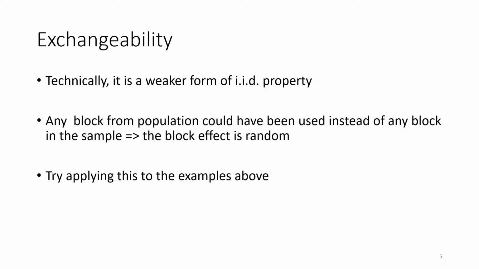In the experimental design context, the blocks might be called exchangeable if, from our perspective, any block in the population could have taken place of each block in the observed sample. In that case, the block effect should be treated as random.